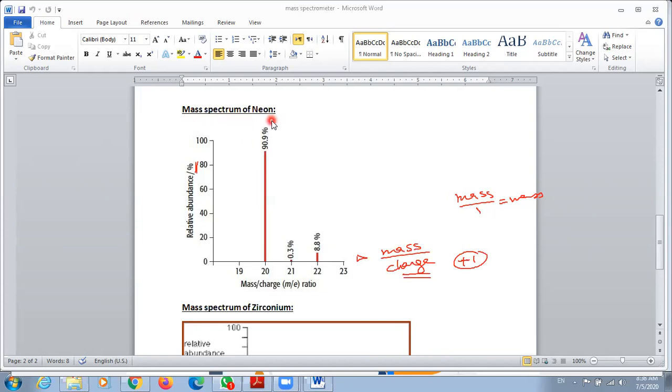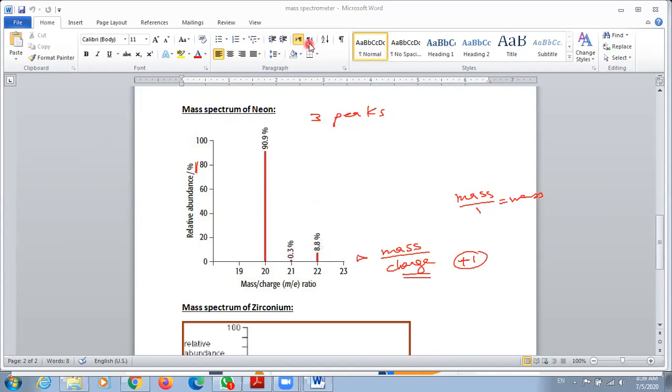So this is the mass spectrum of neon. For example, we find that we have 3 different peaks, even if this peak is so small, but we count it. And this means that when we have 3 peaks, we have 3 different isotopes. And these are the percentage abundances of each.